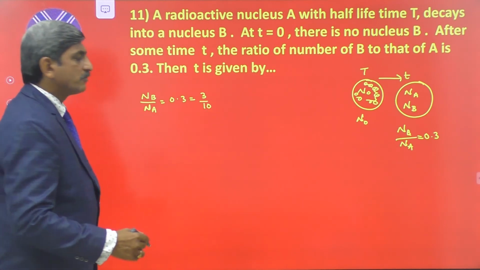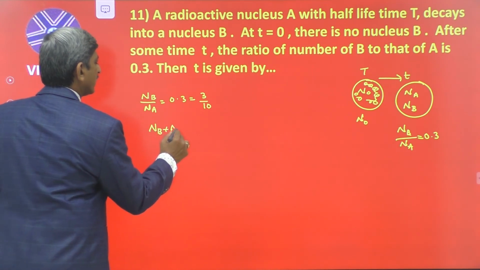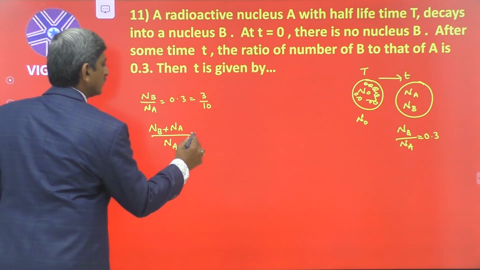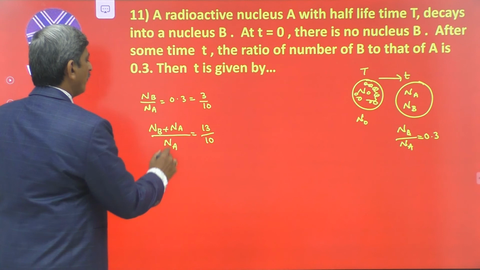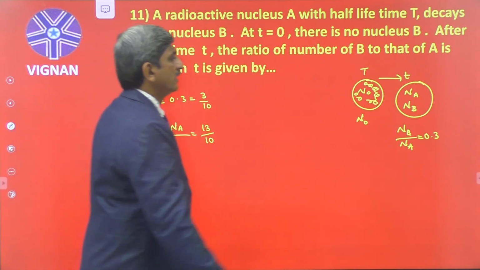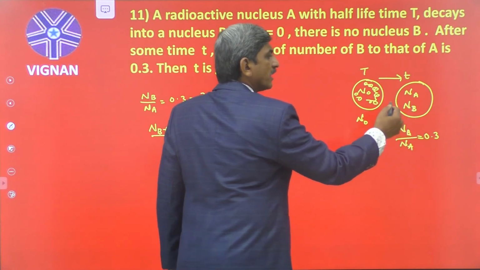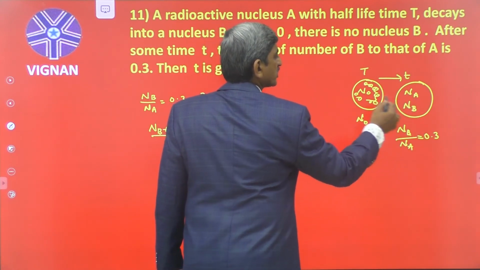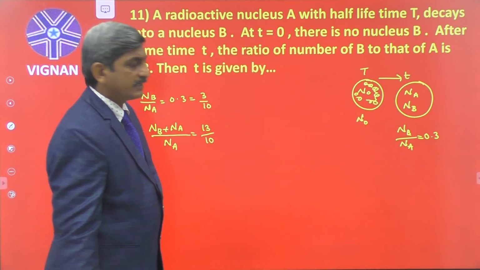By adding 1 on both sides, it becomes NB plus NA divided by NA is equal to 13 by 10. What is this NA plus NB? So NA is the number of nuclei undecayed, NB is the number of nuclei decayed and forming the nuclei B. The sum of these two must be equal to the total initial number of nuclei present in the sample, N0.